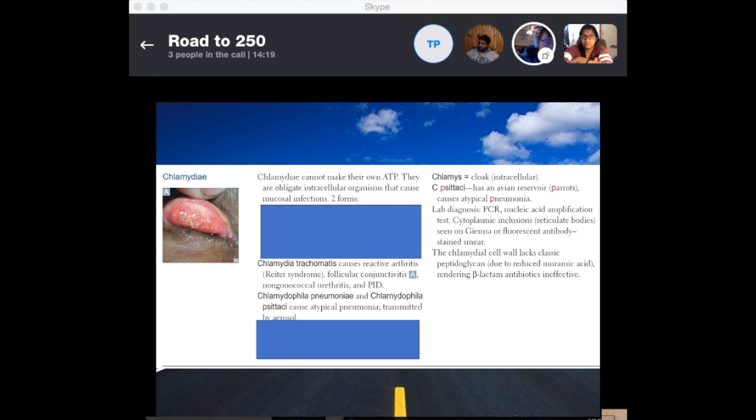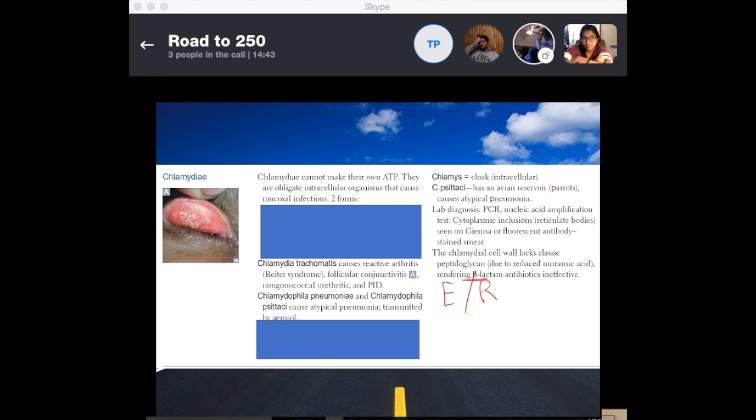But this organism has two different forms based on its mechanism of action, what are those two forms? There's an E form and an R form. R is reticulate body.